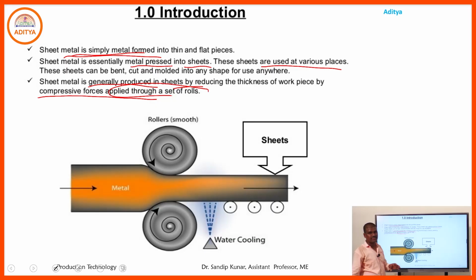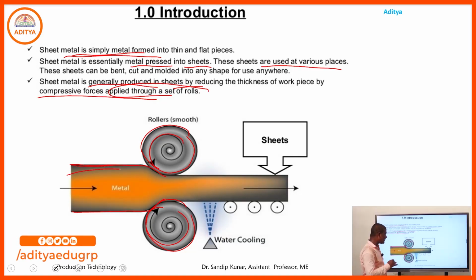That is the billet material, the thicker material before sheet metal forming. Both are smooth rollers rotating in opposite directions, and we pass the thick sheet through them.